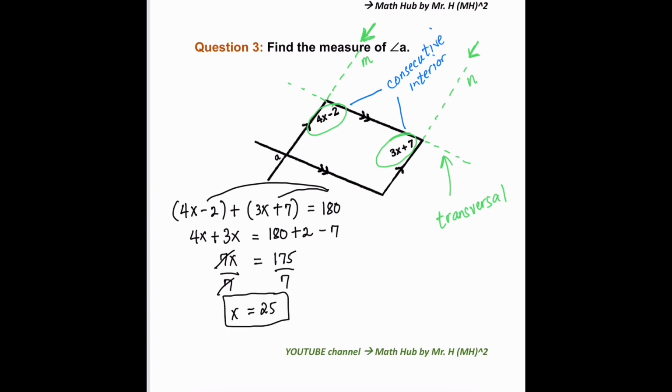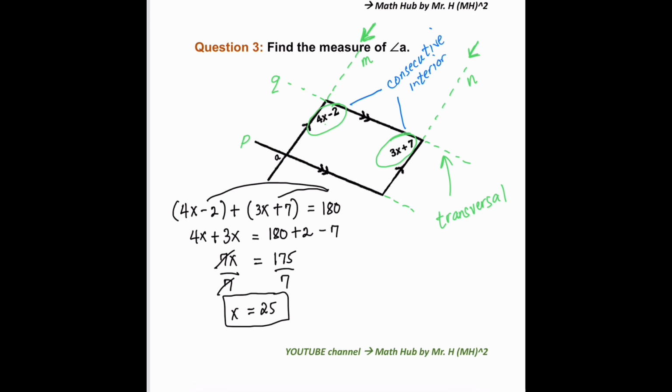So if we extend this line, this is our line P. This line is line Q. Line P and line Q are parallel to each other. And so line M now is the transversal. If line P and line Q are parallel to each other, being cut by a transversal line M, since x is equal to 25, let's find first the measure of each angle.